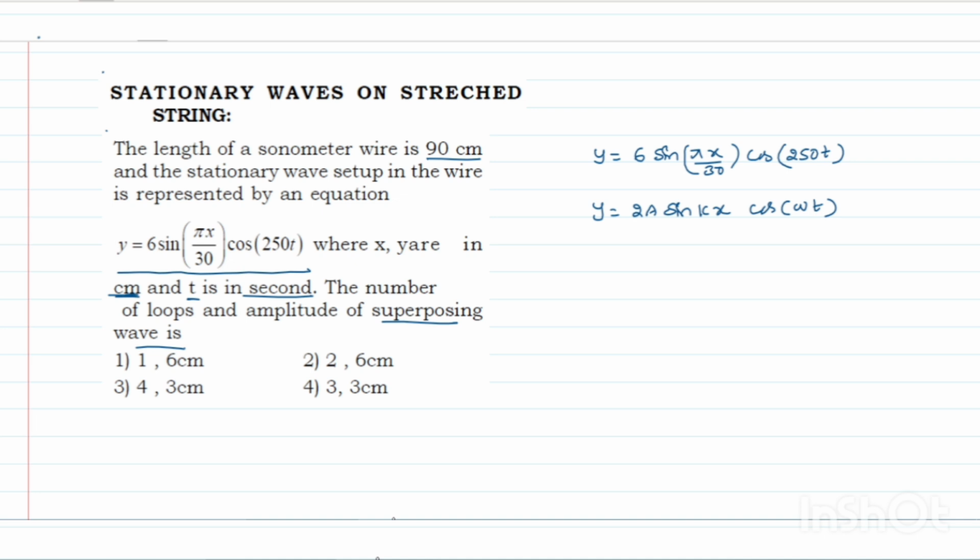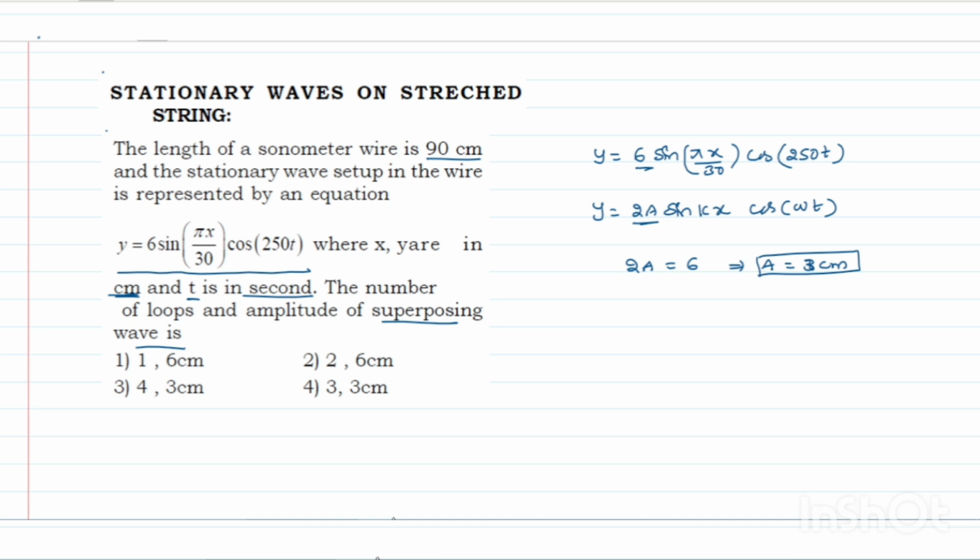So this is the general stationary wave equation. When you compare this, instead of 2a, here 6 will be there. So you can write 2a equal to 6. That's nothing but the amplitude, which you get as 3 centimeter. So this is the first one they are asking.